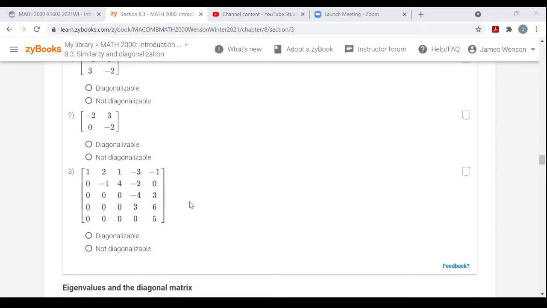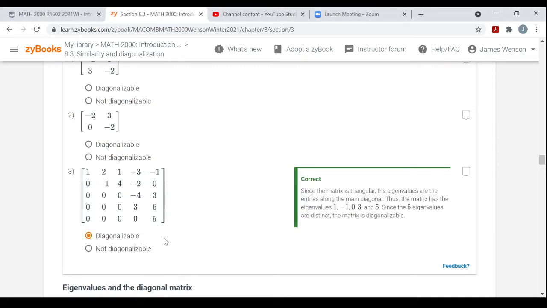And remember from last section, no eigenvalue will have a geometric multiplicity of 0. It's always going to be at least 1. So if every eigenvalue has an algebraic multiplicity of 1, they're also going to have a geometric multiplicity of 1. So every eigenvalue's algebraic multiplicity will be equal to its geometric multiplicity. This one would be diagonalizable.